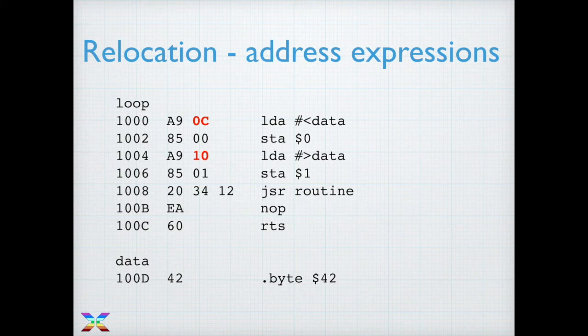Instead of being 1000C, it's now 1000D, and you can see these red digits are no longer correct and they're invalid. And of course, what needs to happen is that the runtime system needs to patch it so that it's pointing to the correct data. This is a little more complicated because now we have to track that these are address expressions. This is not obvious based on just code inspection.